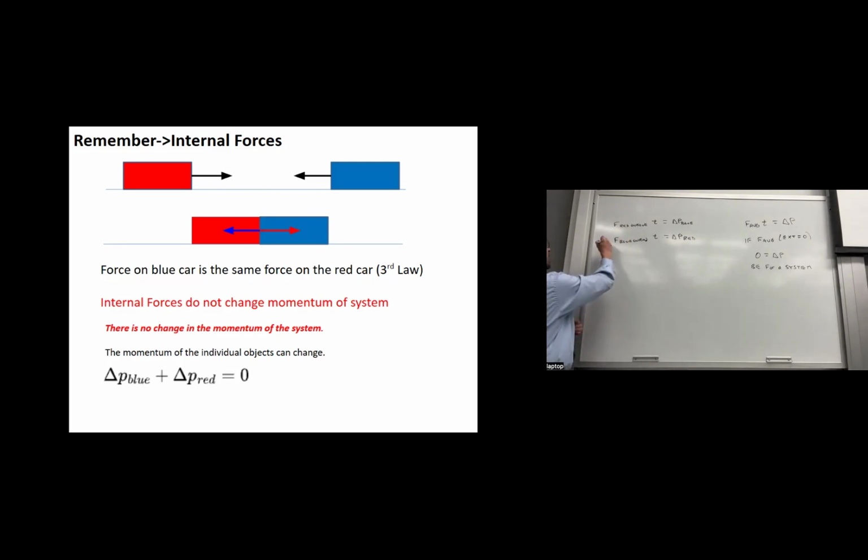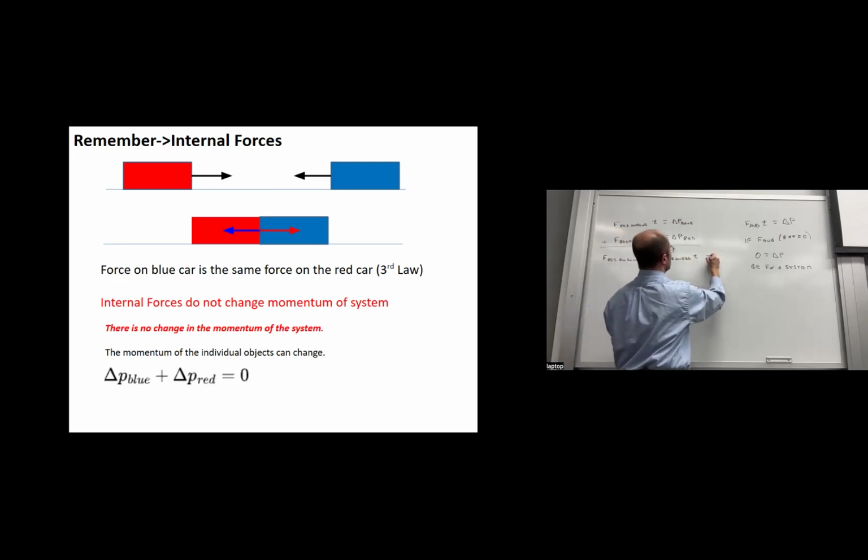Now I'm going to use a classic algebra move. I'm going to add up these two equations. So I'm going to have force red on blue times time plus force blue on red times time equals delta P blue, and I ran out of board space, plus delta P red.